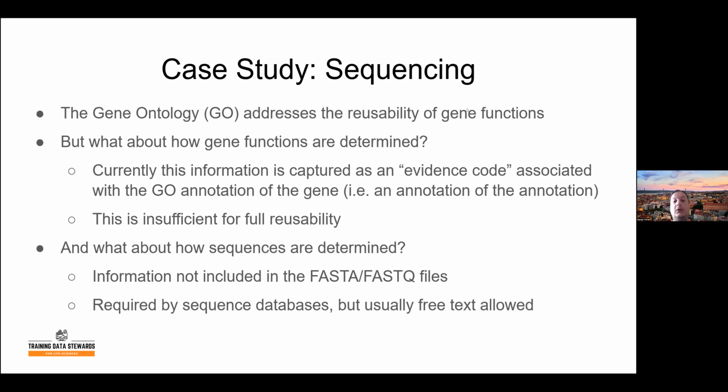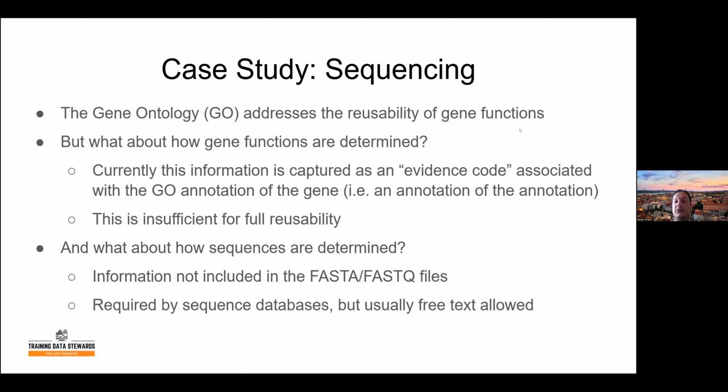Although gene function is a multidimensional aspect, and the gene ontology, for example, has 3 different dimensions. It considers the molecular function, the biological process, and then the cellular component where that function takes place.